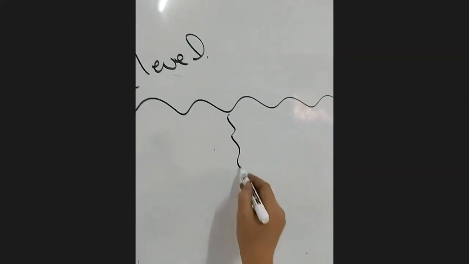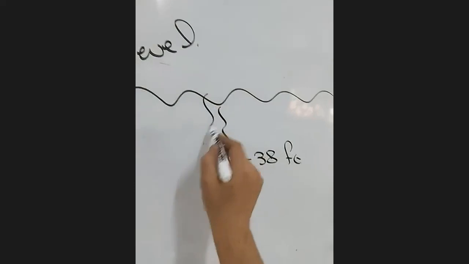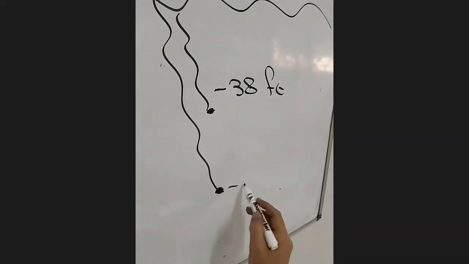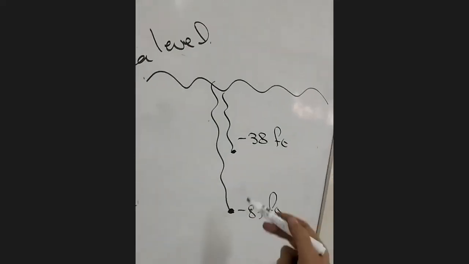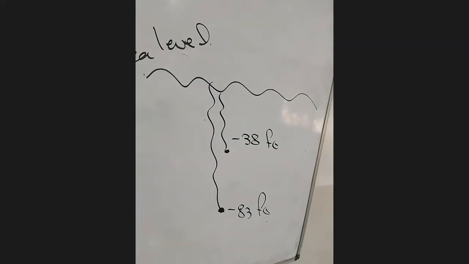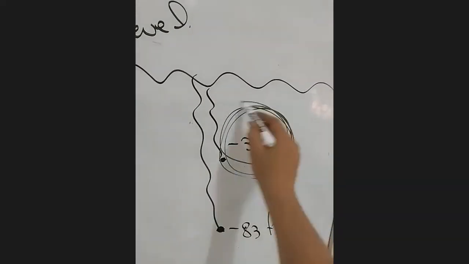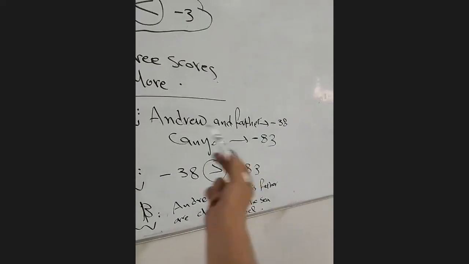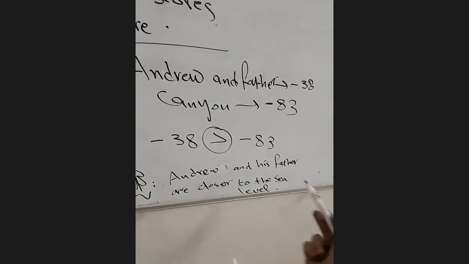Now, Andrew and his father, negative 38 feet. But the canyon, negative 83 feet. Which is closer to the sea level? Negative 38. And negative 38 for whom, guys? For Andrew and his father. So Andrew and his father are closer to the sea level.